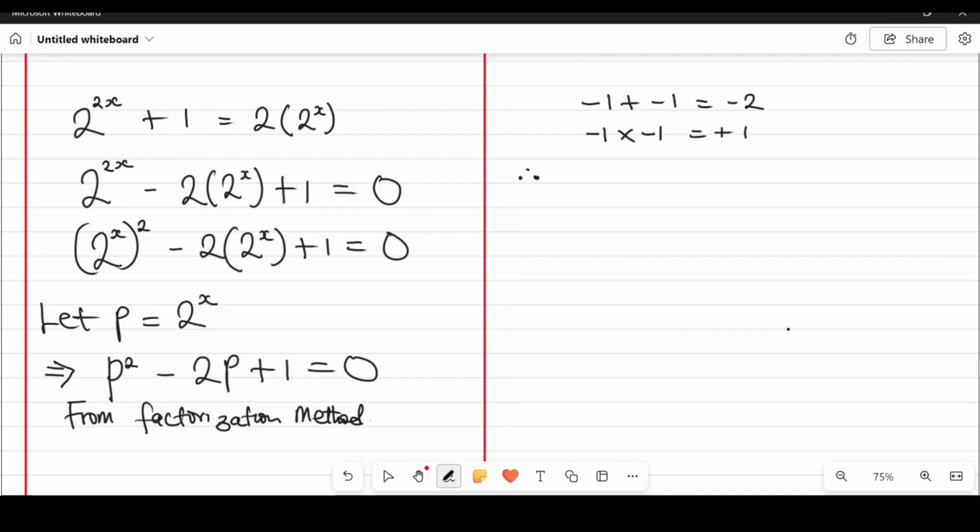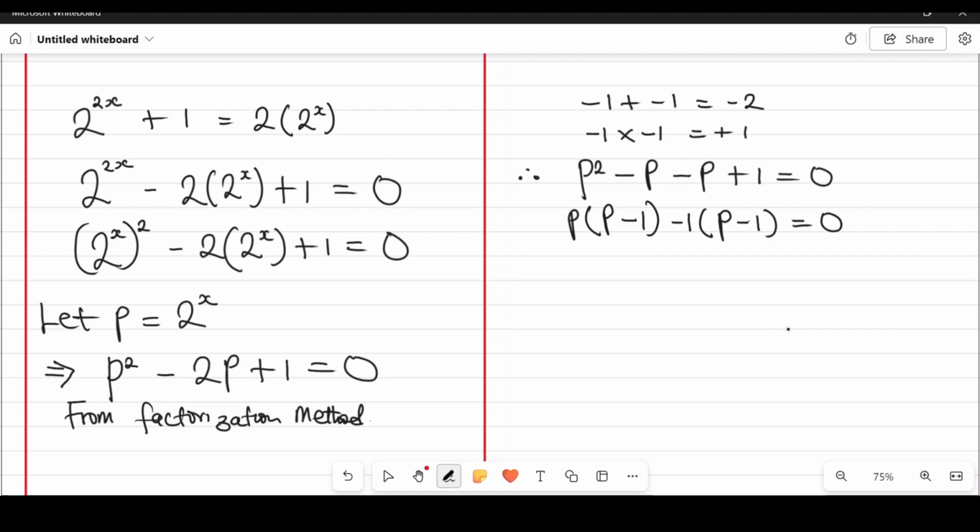So therefore, I will have p squared minus p minus p plus 1 equal to 0. If I group my terms, I will have p bracket p minus 1, minus 1 bracket p minus 1, equal to 0.